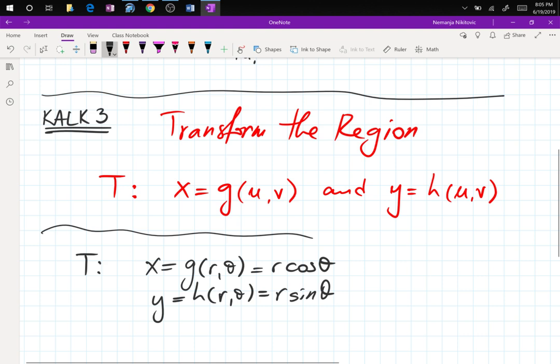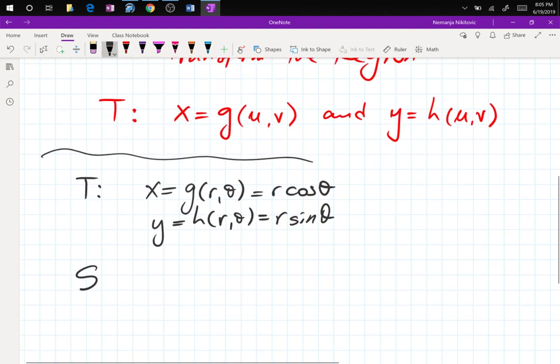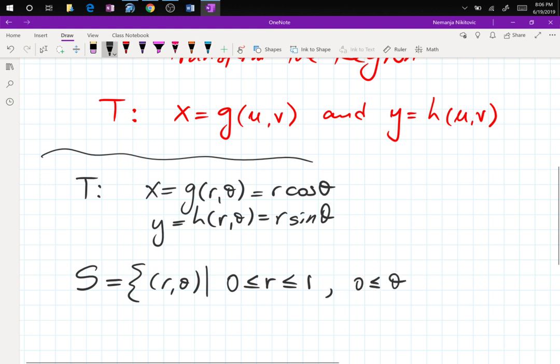So now you are given region S, and region S is equal to all points r, theta such that 0 is less than or equal to r, less than or equal to 1, and 0 is less than or equal to theta, less than or equal to pi over 2.